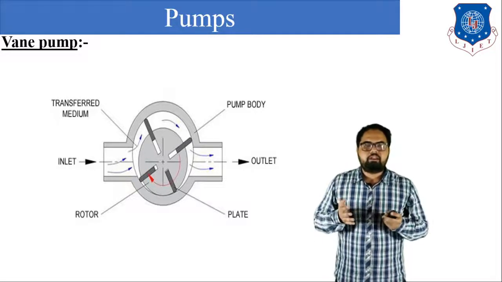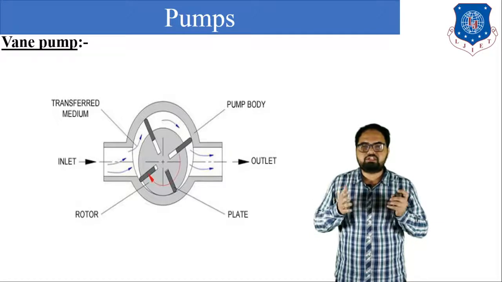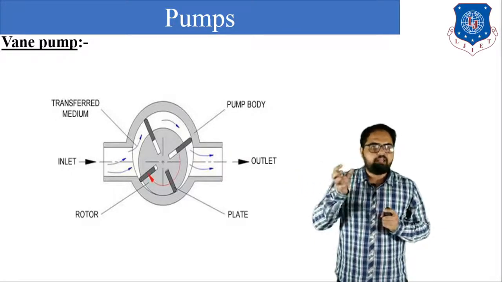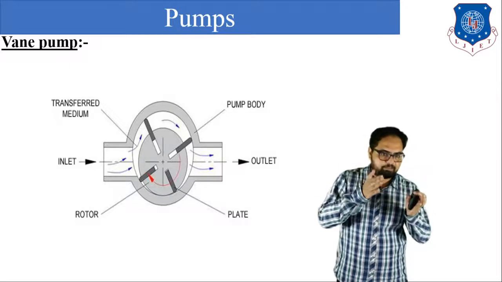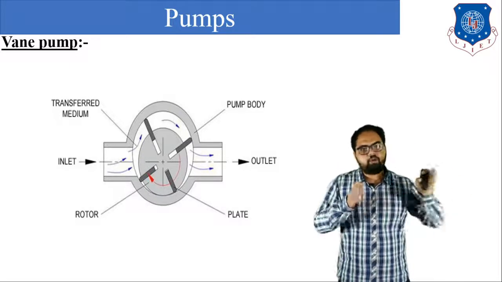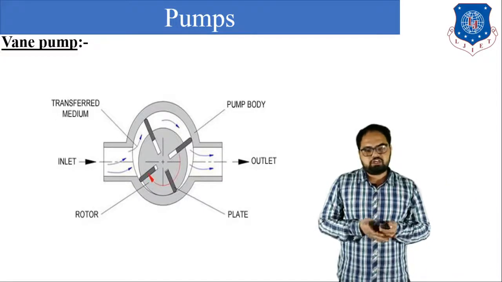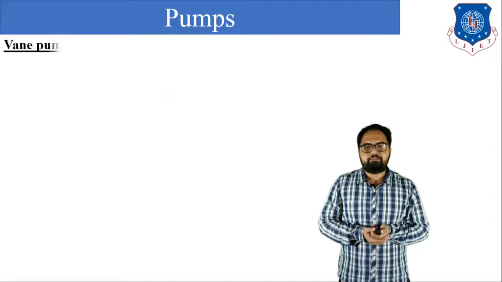Due to that, negative pressure is generated, and suction of liquid takes place. That liquid will be trapped inside the pocket, and when the pocket comes near the outlet side, the liquid will be discharged. This is the basic working of the pump.